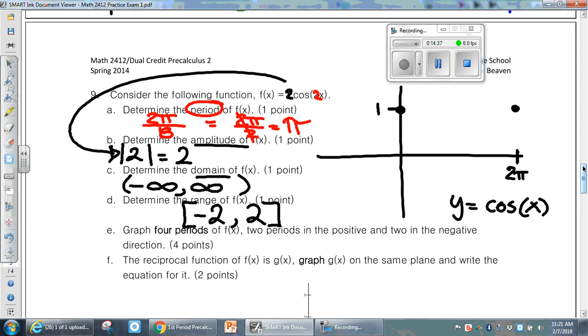Now, do you remember what happens in between the 2 max? The minimum. Very good. So that's at -1 here. And then in between a max and a min, we have an x-intercept. So this should be pi, right? And then here we should have pi over 2. So that will be the x-intercept, and 3 pi over 2. Great.